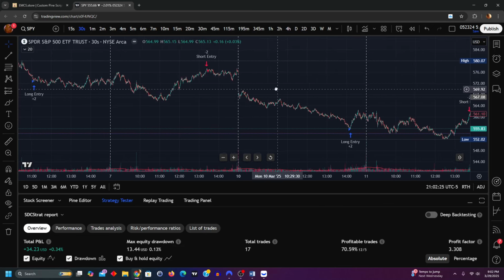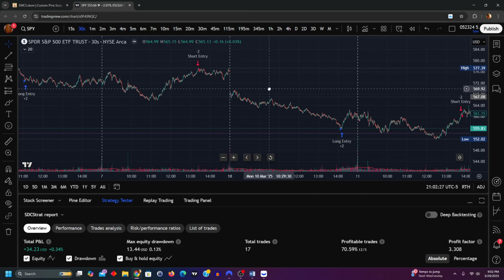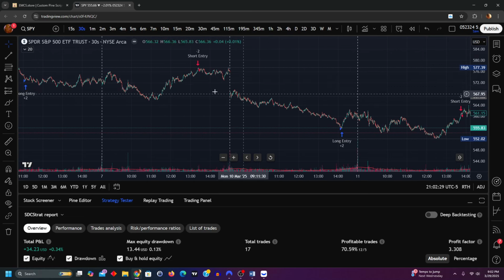This is on the S&P 500 or the SPY, and so it's making like one trade per day, or sometimes a little bit more, sometimes a little bit less. On the 30-second chart, right?